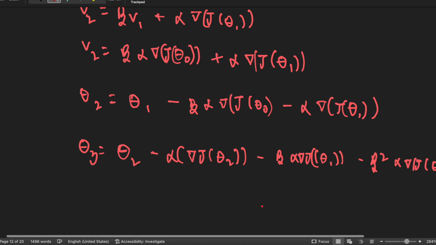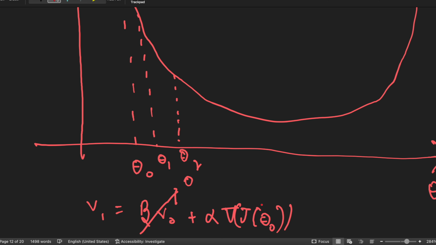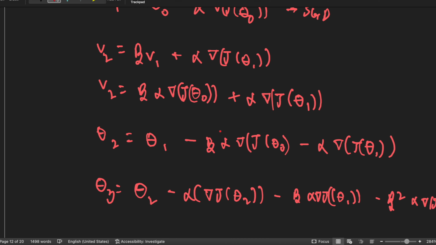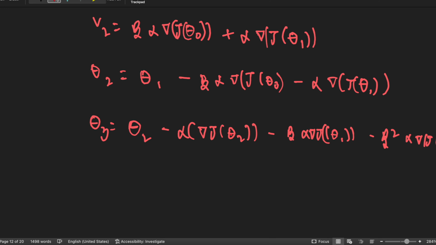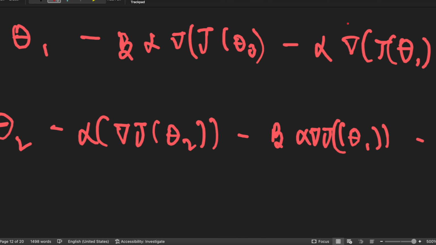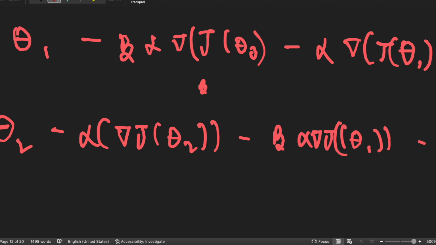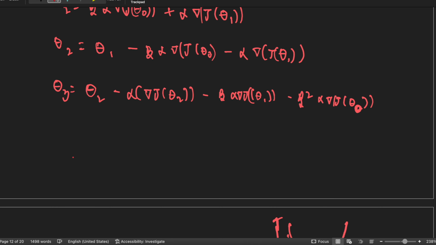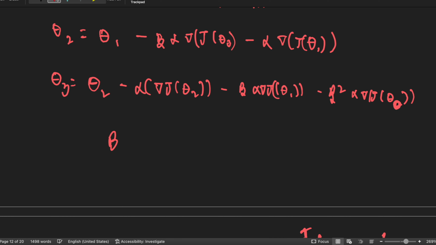With every new weight updation, the slopes of the previous weights are contributing, but a little lesser. The beta term is between 0 and 1, so beta square will be lesser than beta, and beta cube will be lesser than beta square.